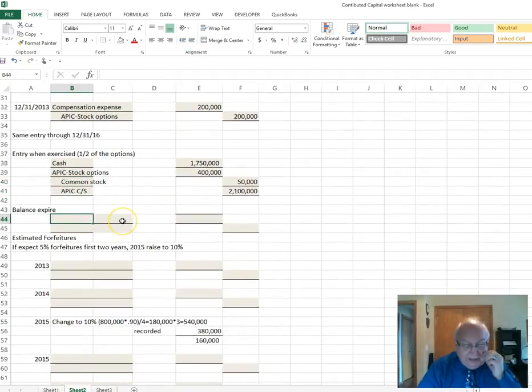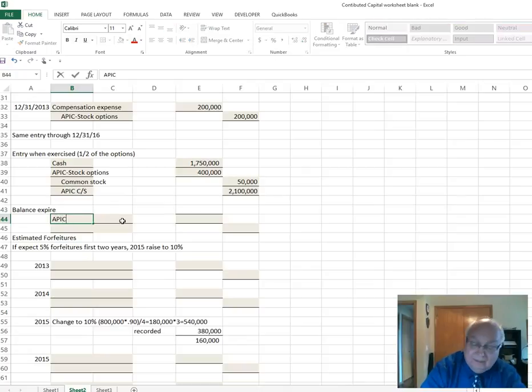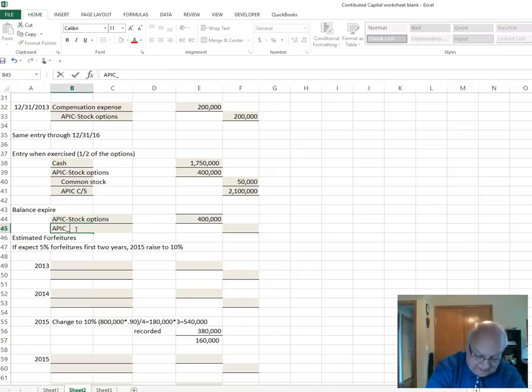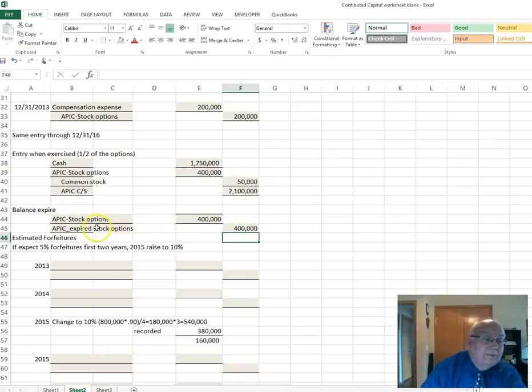If you let the balance expire, we would have additional paid in capital for stock options as a debit for the 400,000, and then we have additional paid in capital, expired stock options, for the 400,000.